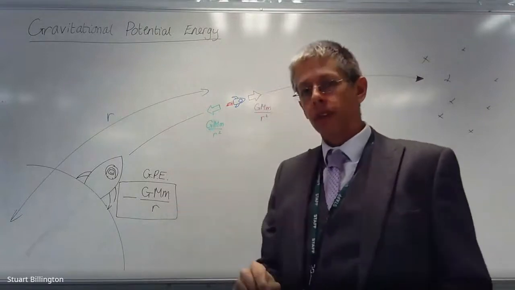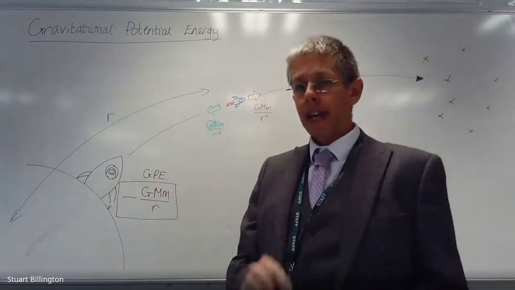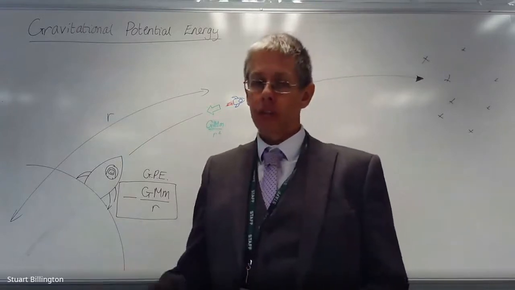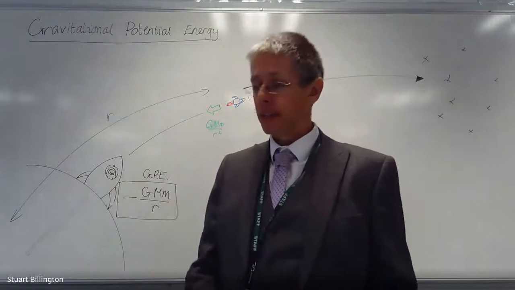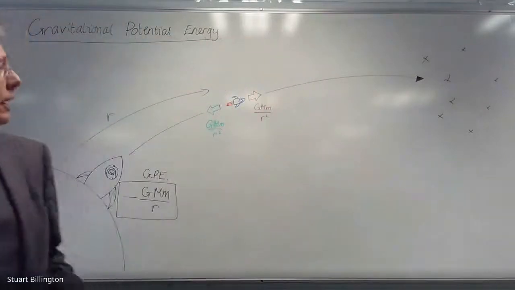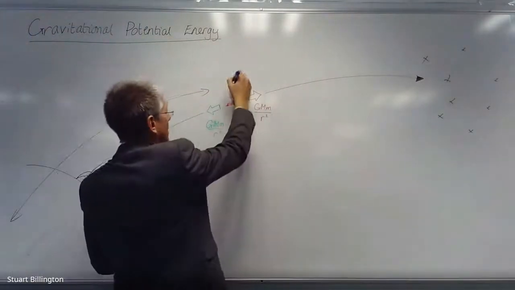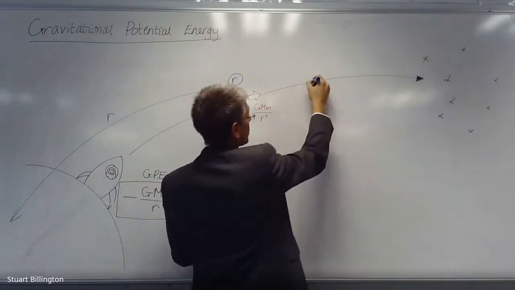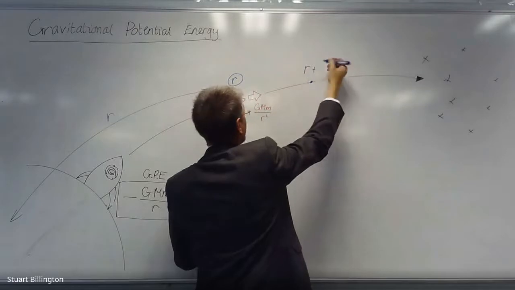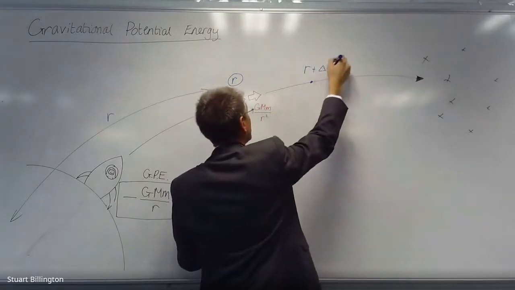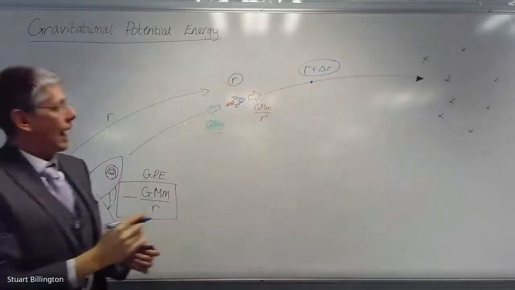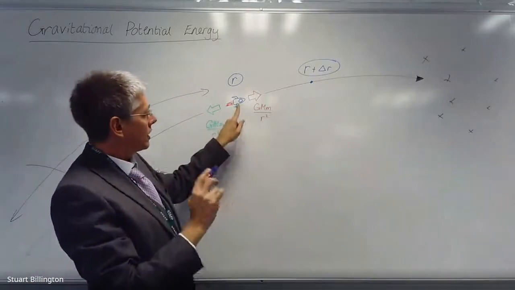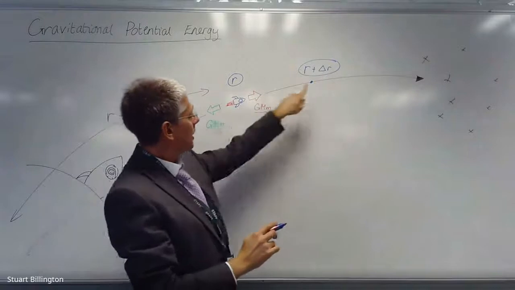But quite often, what we might want to do is ask ourselves, what is the difference in gravitational potential energy between 2 places? So we might be thinking to ourselves, right, we have made it to the position R, but in a moment, we will be in the position of R plus delta R. And we might ask the question, how much energy difference is there between here and here?